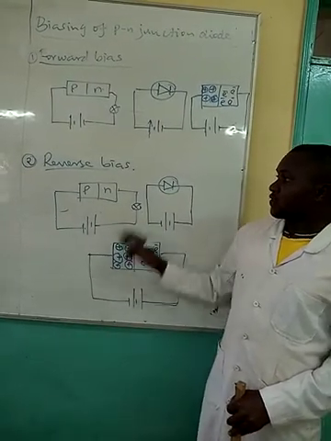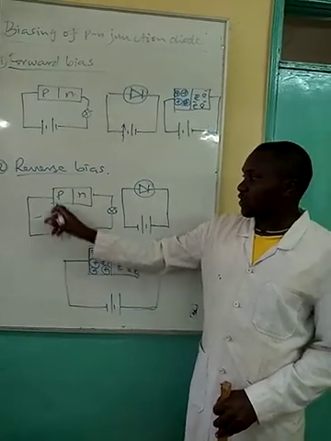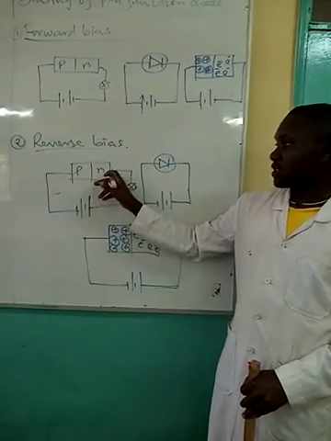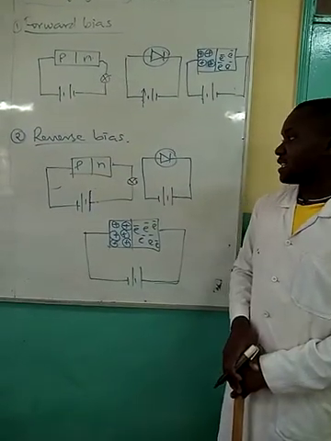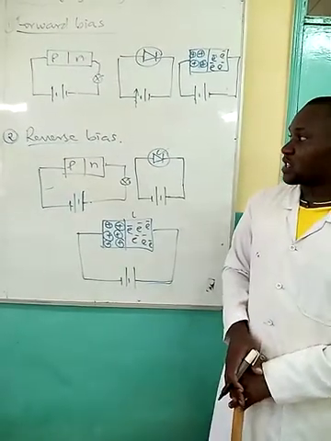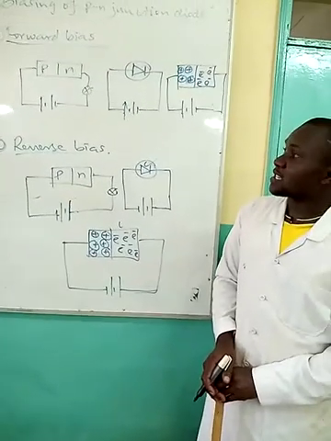And you ensure that for reverse biasing, the negative terminal of a cell, the short one, is connected to the P side, and the positive terminal of the cell, the longer one, is connected to the N side. Those are just various ways of representing forward bias and reverse bias in a diode.